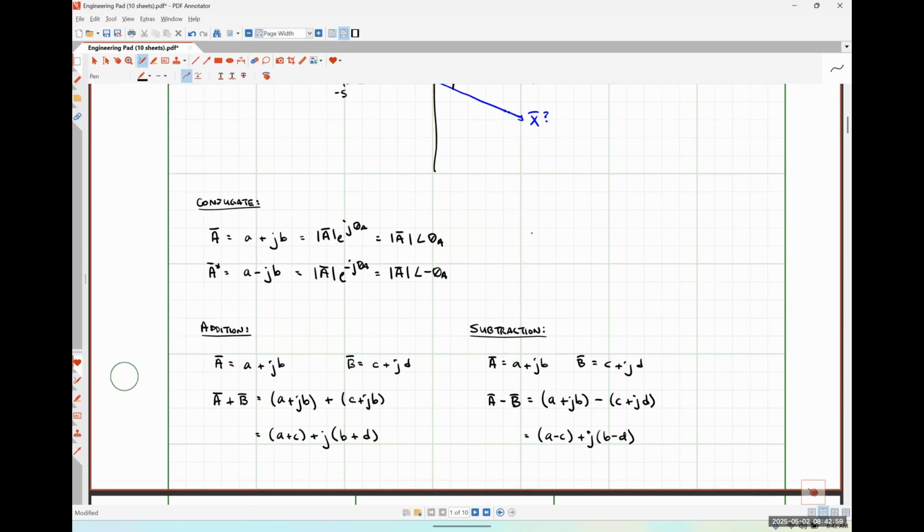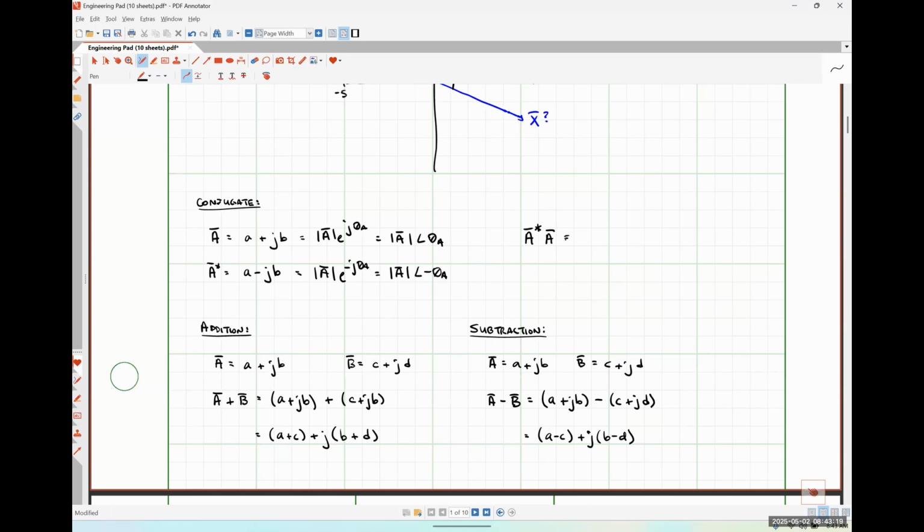So let's say that I wanted to do A conjugate times A. And this will be true for any complex number multiplied by its own complex conjugate.